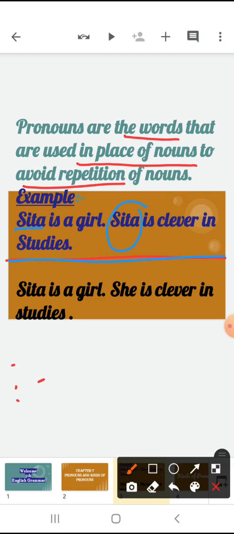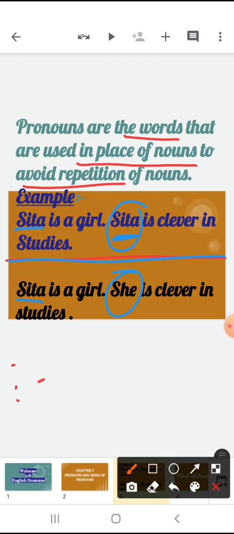We write the name of the girl one time. Sita is a girl. She. We have replaced Sita with she. Sita is a girl. She is clever in studies. So she is a pronoun used instead of the noun Sita.